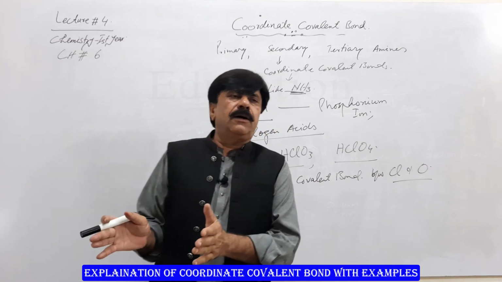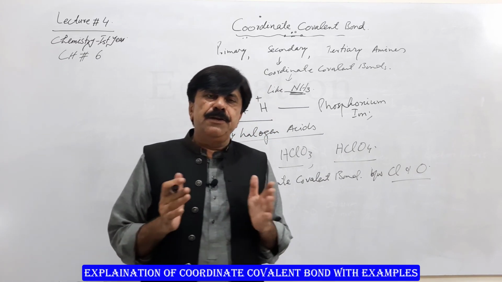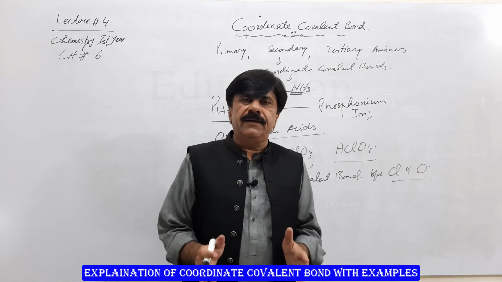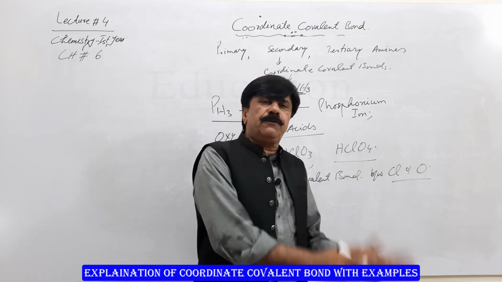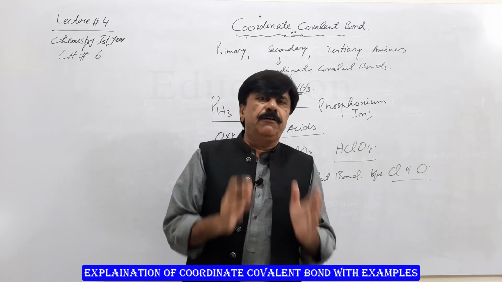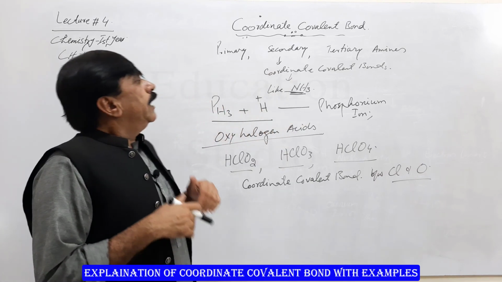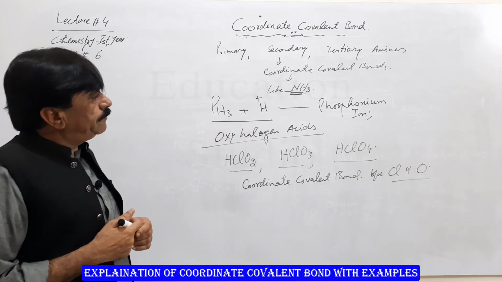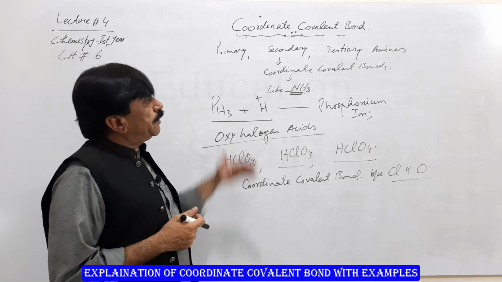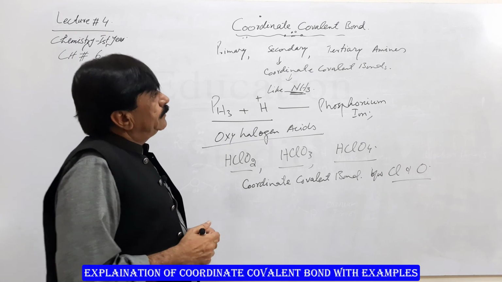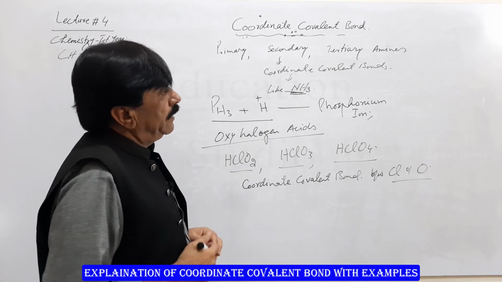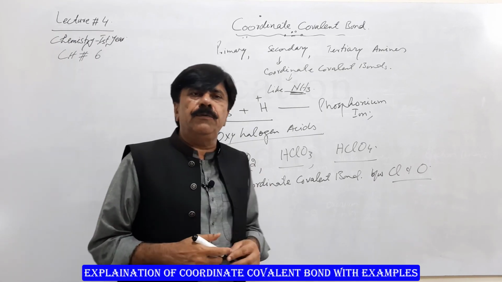The donor is called the nucleophile. Nucleophile means the nucleus lover, and acceptor means the electrophile, and electrophile means the electron lovers. At the end, we have formulated the different examples. I think you have taken the complete idea about the coordinate covalent bond.